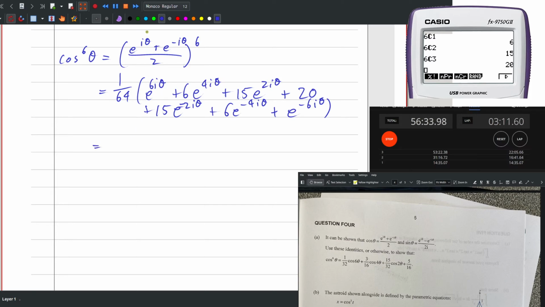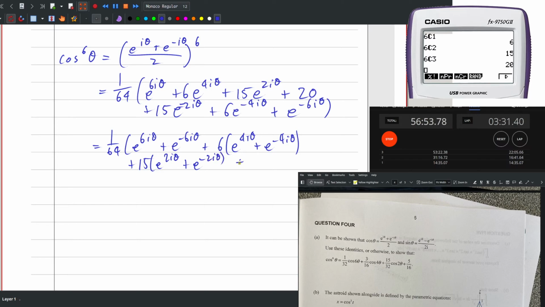So you can group the terms, right? So you just group the terms. And then we go down here. Wait, how did they get 1 on 32?